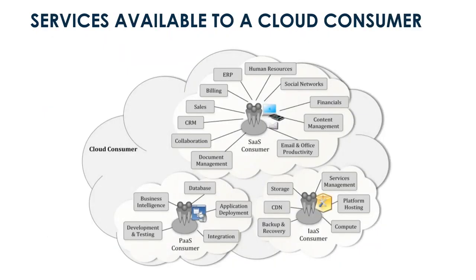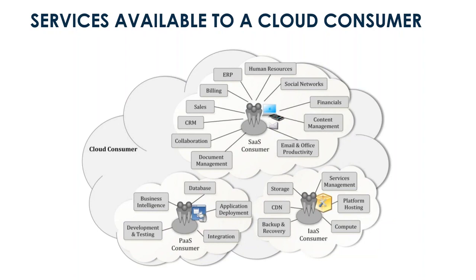Again, this is very specific to this slide. It talks a bit more about IaaS, PaaS, and SaaS, the kind of services that are available to a cloud consumer at these various layers. As we briefly touched upon when we were talking about the models earlier, you will see the kind of services a bit more in detail here.